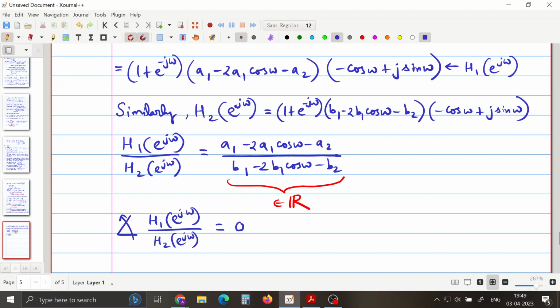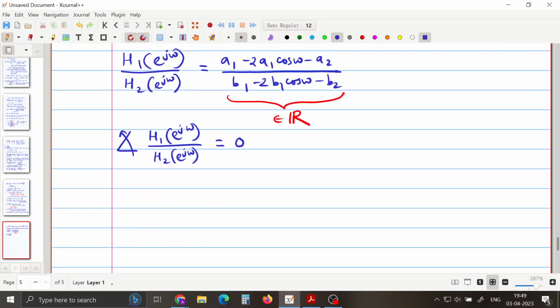And the phase of this ratio is simply the difference between the phase of the numerator and the denominator, so this is 0.